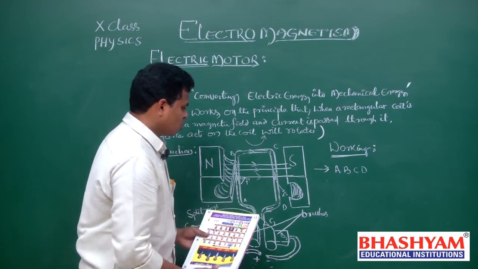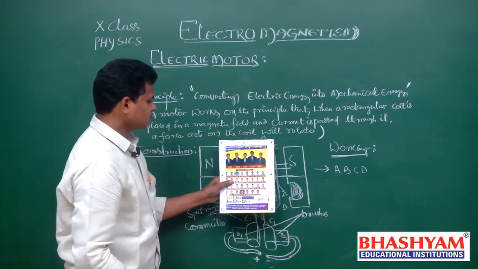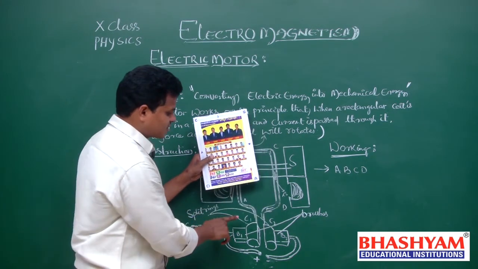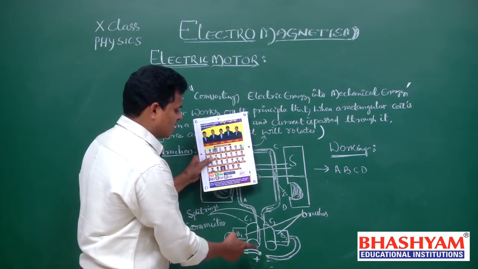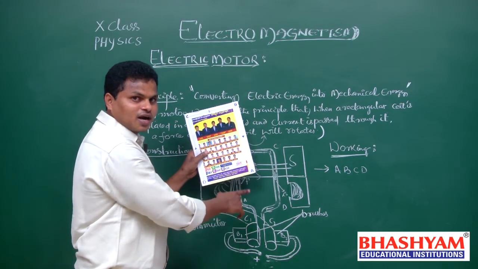Now the coil is like this. After rotation, C1 is in contact with B2 and C2 is in contact with B1. Here the slip rings reverse the direction of the current in the coil.